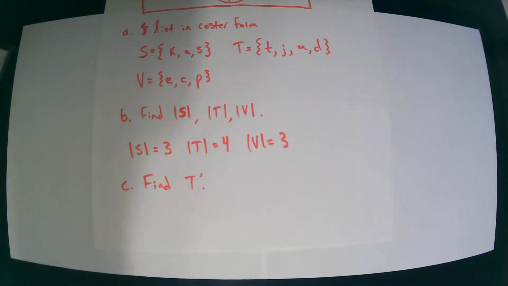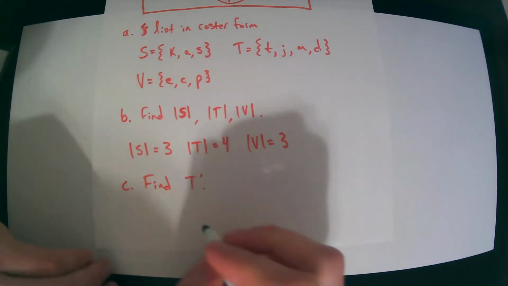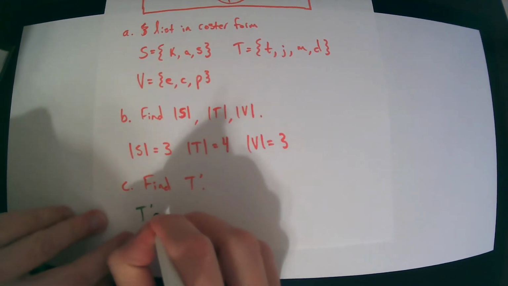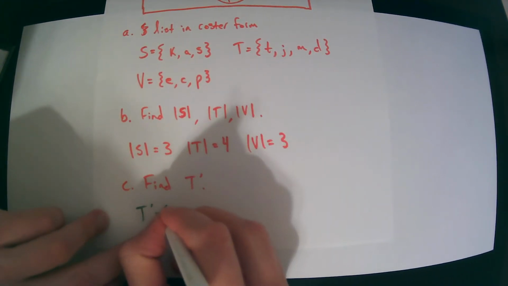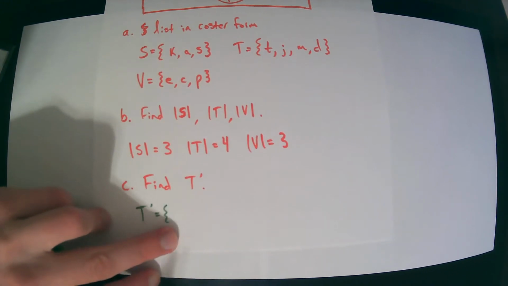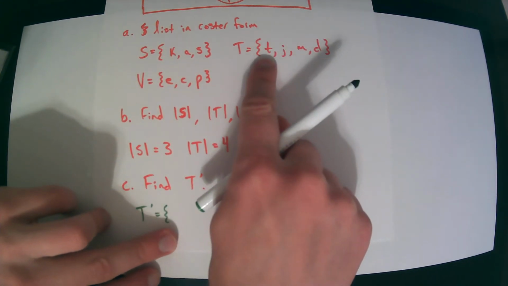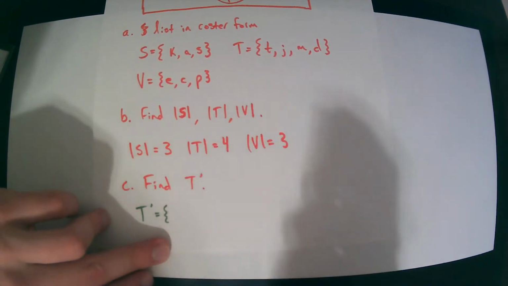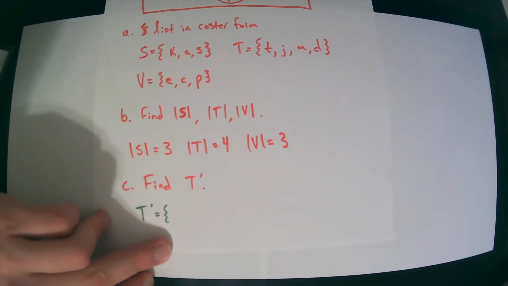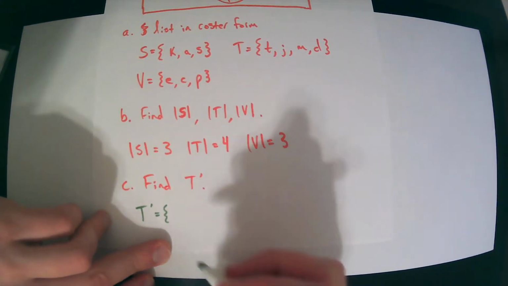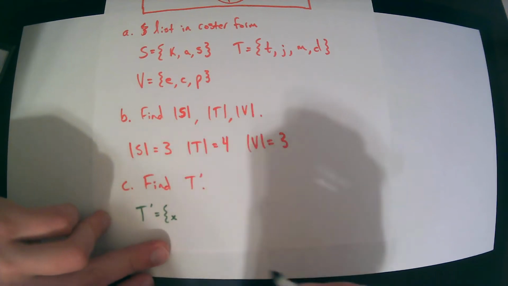So in set builder notation, this is just the definition of a complement, like I wrote last section. It's the set of all elements. Now I better not use a little t here, because a little t is actually an element of the set. So I'm going to use an X, even though it's a little weird using any letter here because the elements of these sets are already letters, but X is okay.